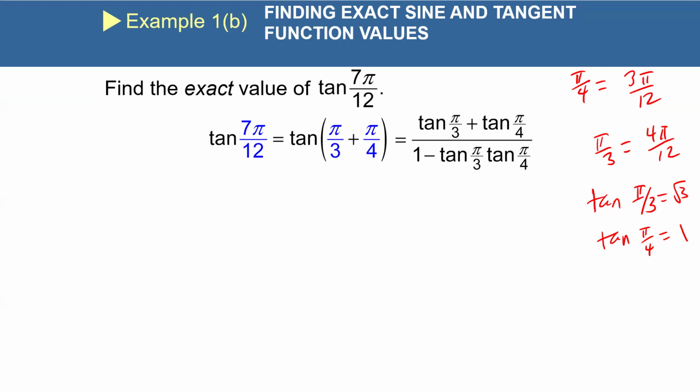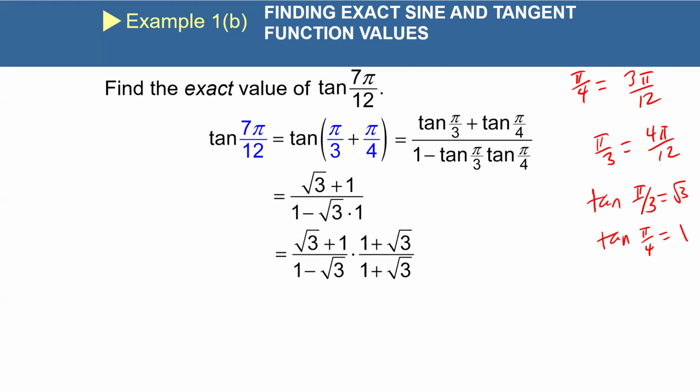So we're going to find the tan of pi over 3 and tan of pi over 4, which we already know. And now we're going to do what? Plug it in, right? We already know the values, so we're going to plug everything in where they go. At this point, your job is to simplify. Simplify means get it down to the least amount of characters.